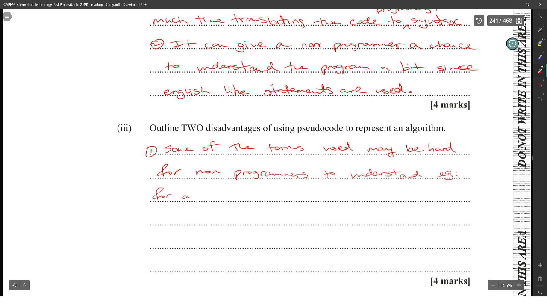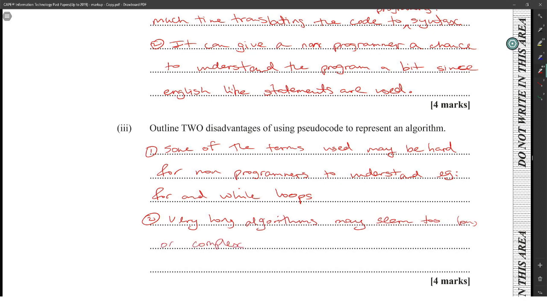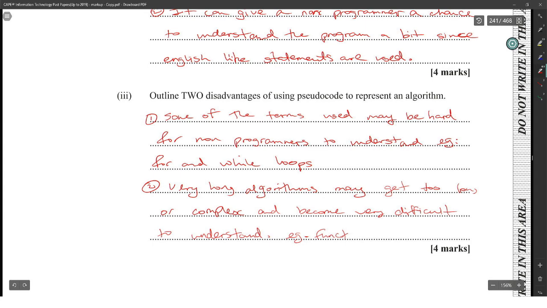Example, for and while loops. 2, very long programs or very long algorithms may get too long or complex and become very difficult to understand. Example, functional algorithms.